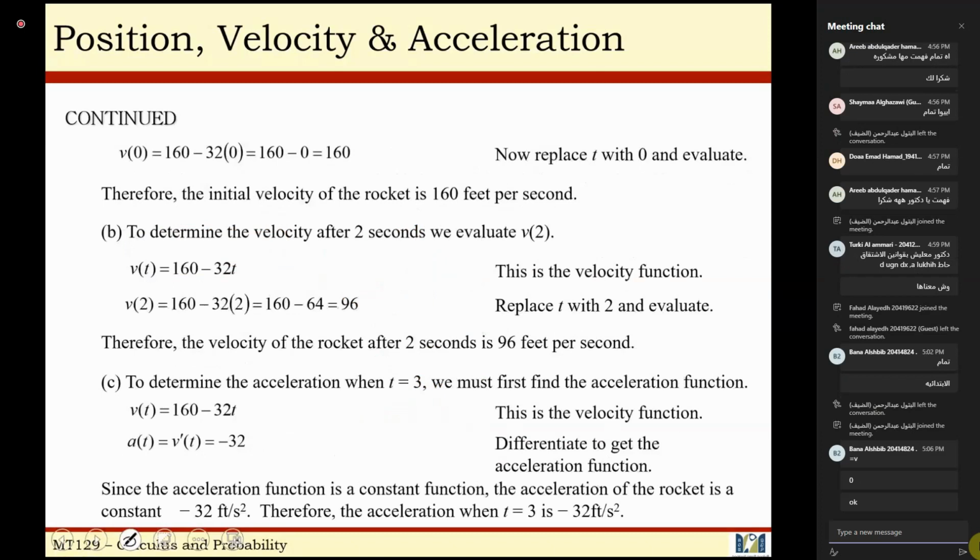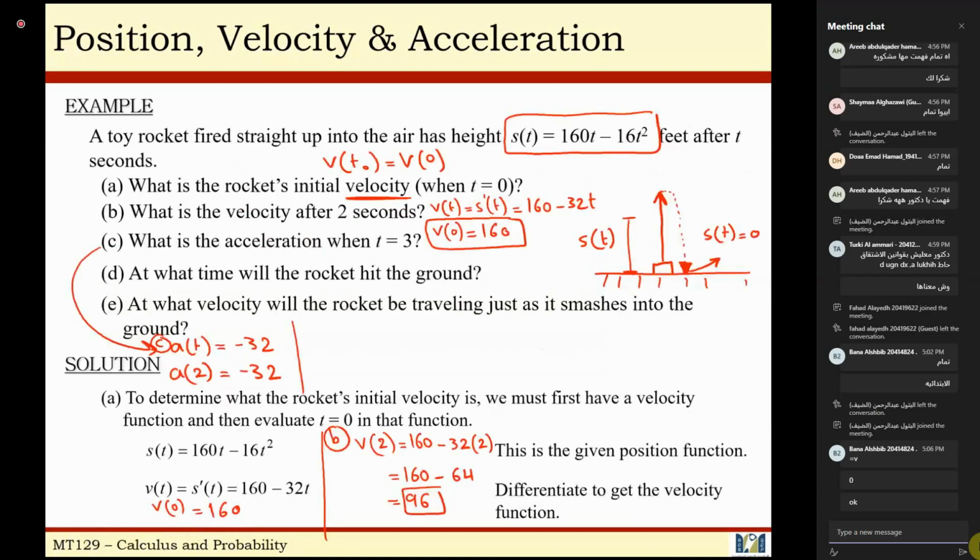Number E. What is the velocity of the rocket just as it smashes into the ground? The velocity v of t equals 160 minus 32t. After 10 seconds the rocket reaches the ground, so we need to find the velocity at time 10.